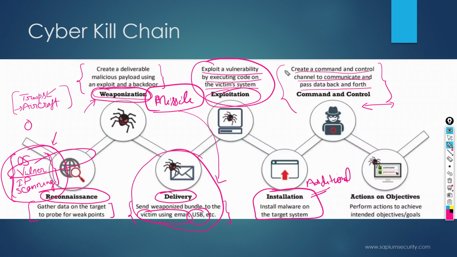After that, because now we have full control of the system, it's time to perform our objective, which is why we launched the attack, or the purpose of hacking. So now we will perform the actions to achieve the intended objective. For example, if our target was credential harvesting, we want to steal all the credentials, then we do that.